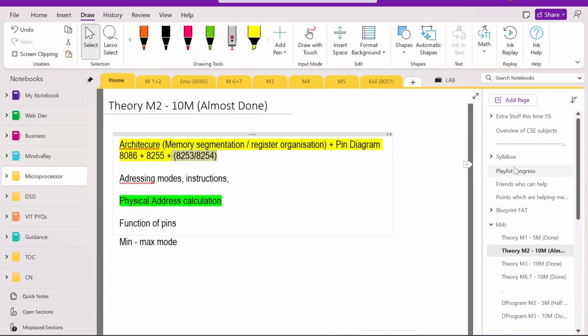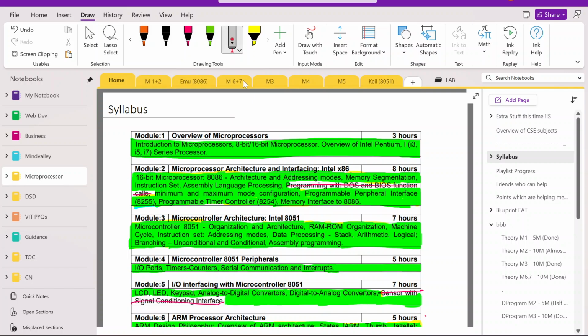As I said already, this is the syllabus, and this portion is basically the peripherals, that is, the extra devices which will be connected to the 8086. This could be 8255, 8254, or 8253.